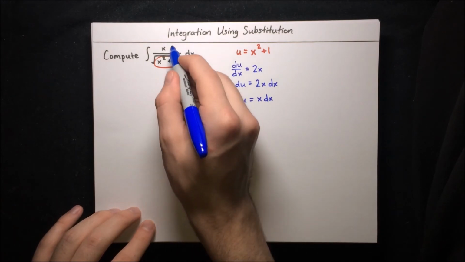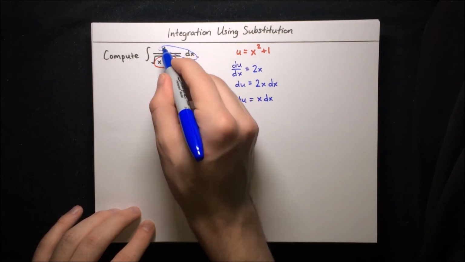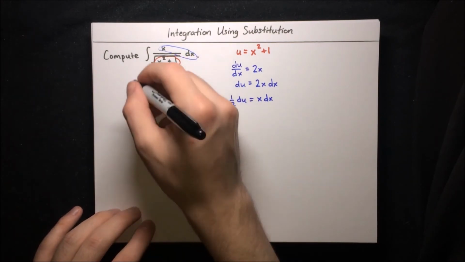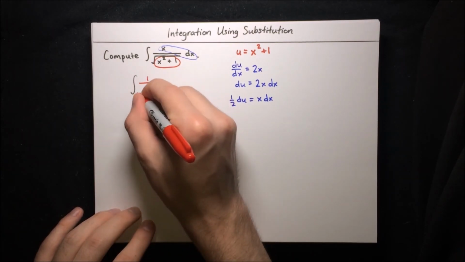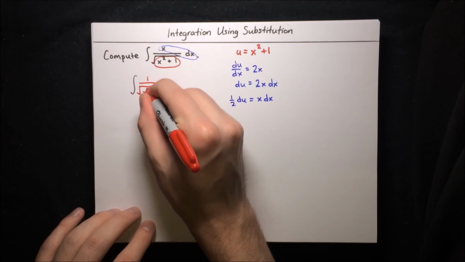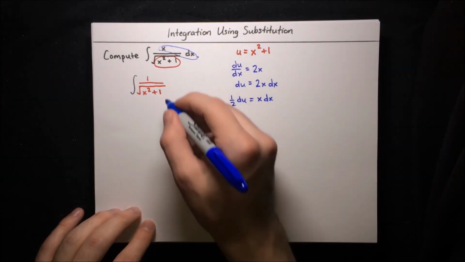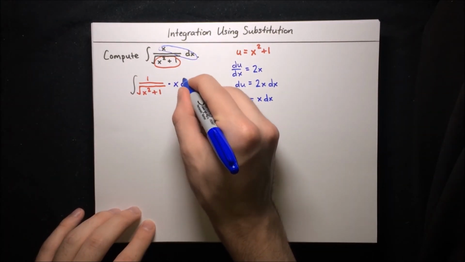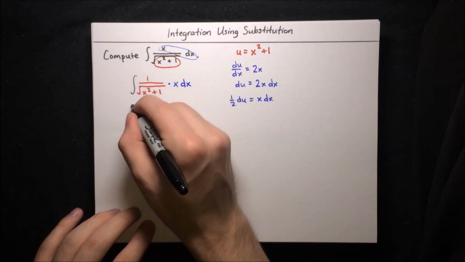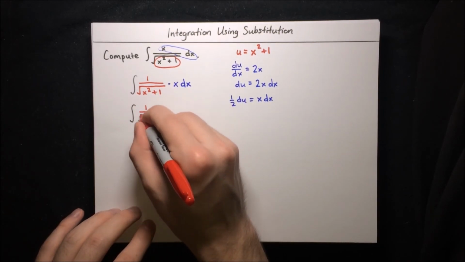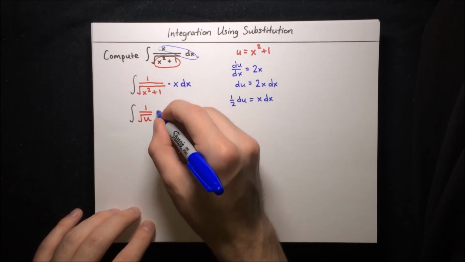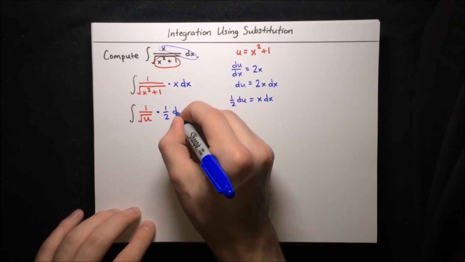So this x dx part there, that'll be our 1/2 du. We'll just write it out once more explicitly. So 1 over the square root of x squared plus 1 times x dx. We perform our u-substitution, and we get 1 over the square root of u times 1/2 du.